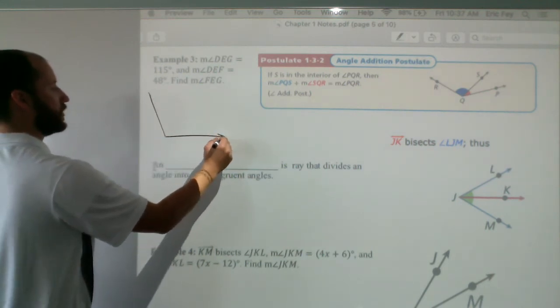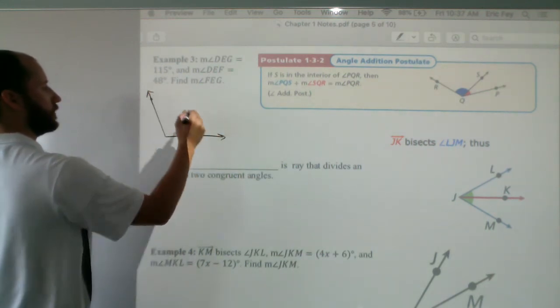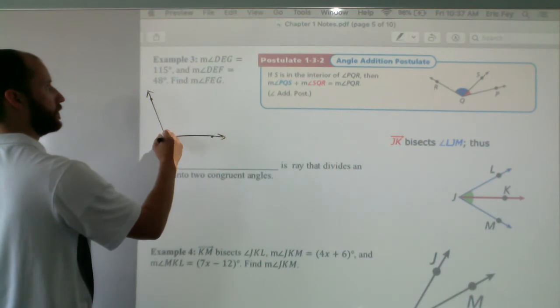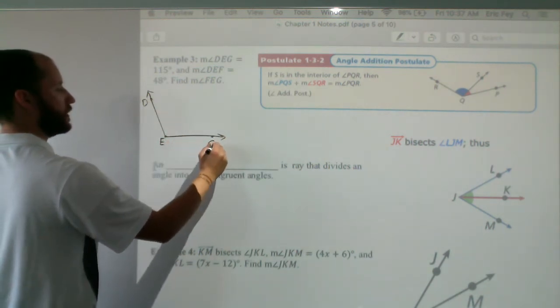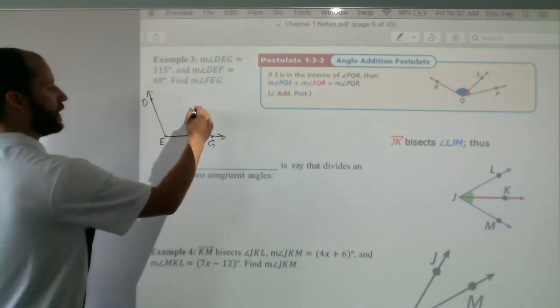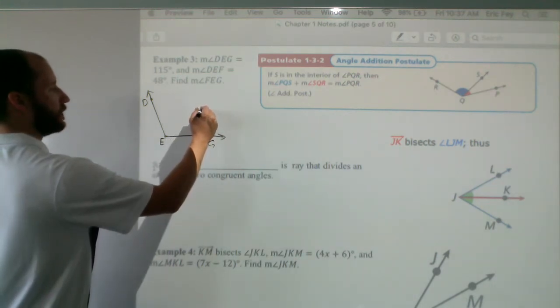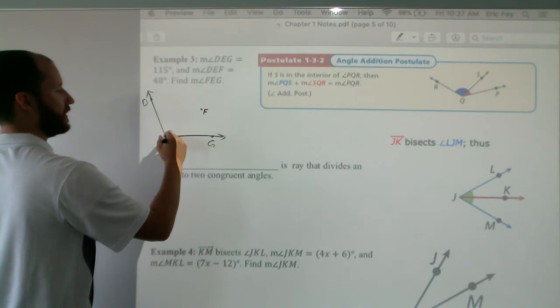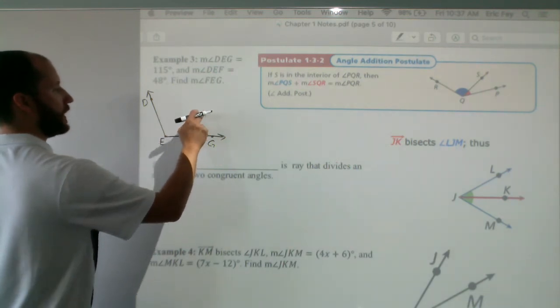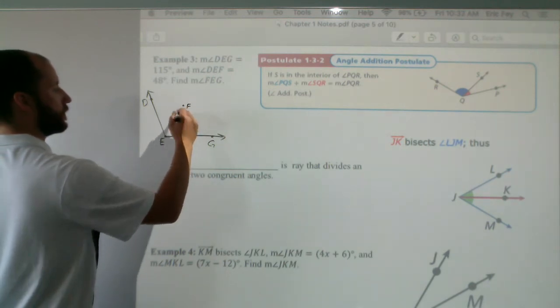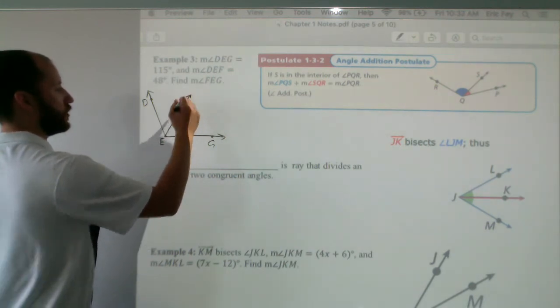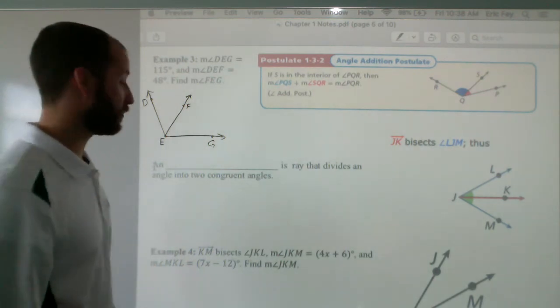So we have an obtuse angle, DEG, and then we have this point F, kind of in the interior. I'm going to move that over here. Try and keep this drawing as much to scale as possible.